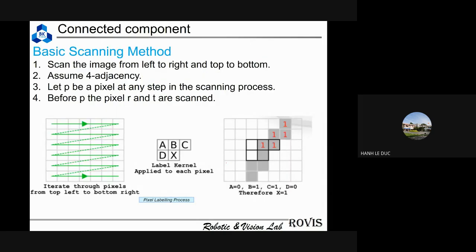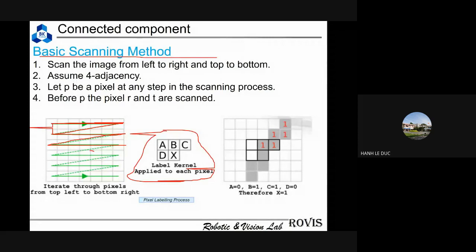To find it, we use something like raster scanning. Just go from left to right and up to down like this. We apply the connected component, or kernel, scanning from left to right and up to down, and all the pixels related to the kernel will form one object.